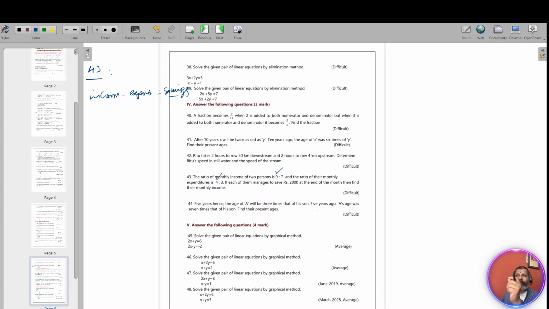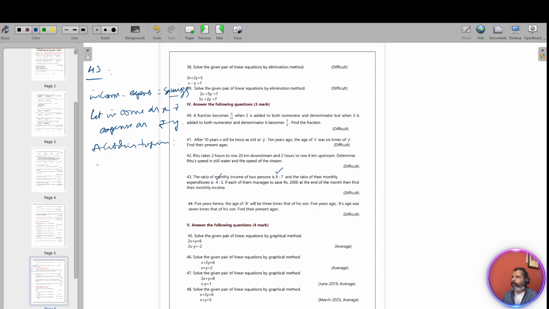Means the first person's income is 9x, and we'll take income as x and expense as y. Let income be x rupees and expense be y rupees.